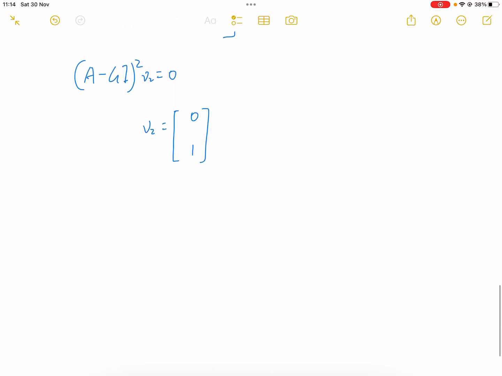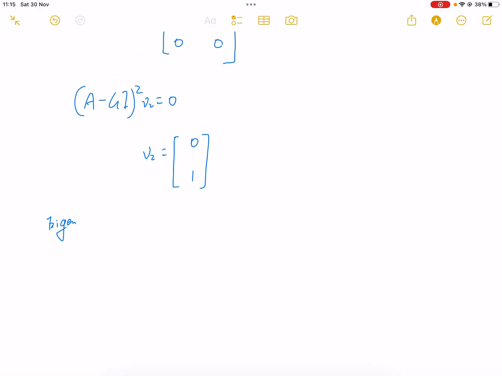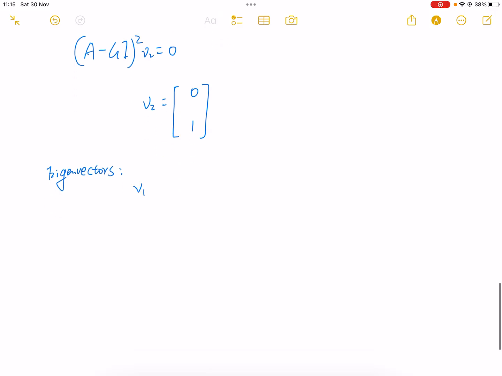Now we have two vectors: the eigenvector v1 equals (1, 0) and the generalized eigenvector v2 equals (0, 1).